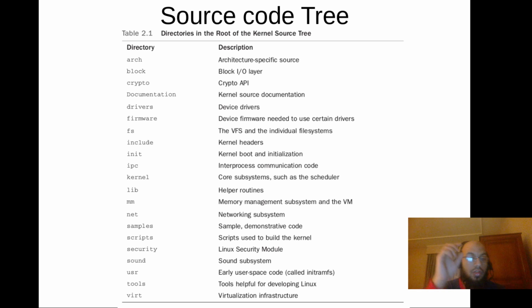That's another option from the options that I basically had in the previous video. And then you have virt, which is your virtualization infrastructure. This folder basically has all things about virtualization that is not related to the memory management of the virtual machine.